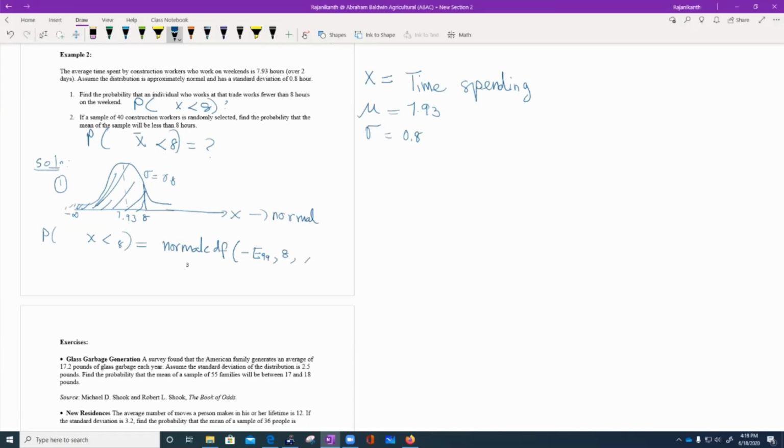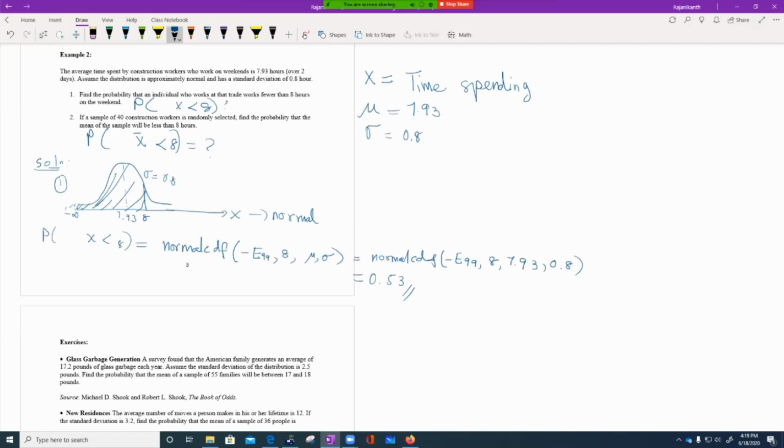Therefore, you need to define mu and the standard deviation in your function. So you will get normal CDF with negative E99, 8, and mu for the problem is 7.93, and the standard deviation was 0.8. Then type this all into your calculator and find the value. You should get 0.53 to 2 decimal places. That is the probability of the original variable, the working hours, being less than 8.